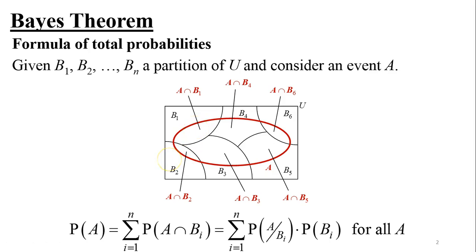So this is the formula of total probability. The probability of A is the probability of A inter B1 plus the probability of A inter B2 plus all the way to the probability of A inter Bn.